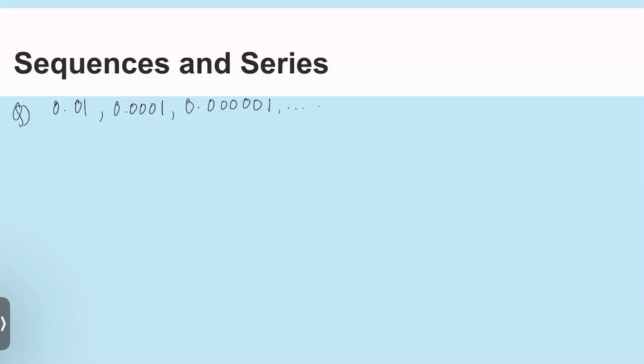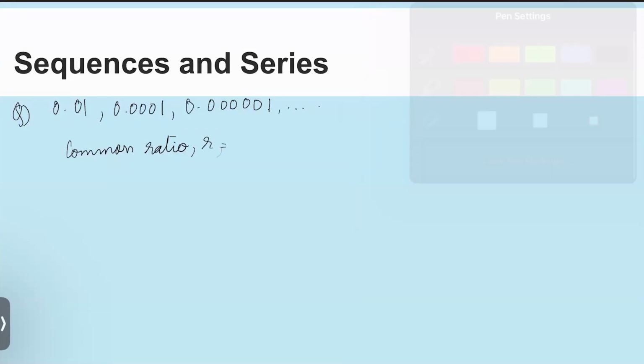We know that this is a geometric progression because we're solving it under geometric progression. So let's first find the common ratio R. That is your an by an minus 1.